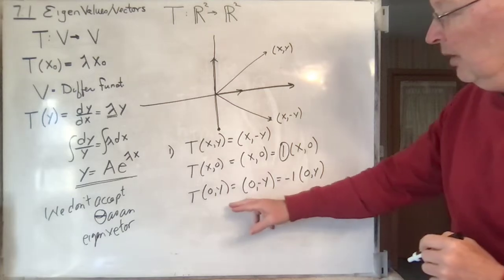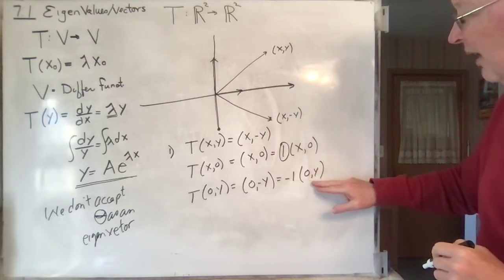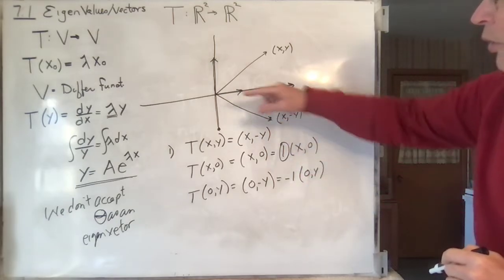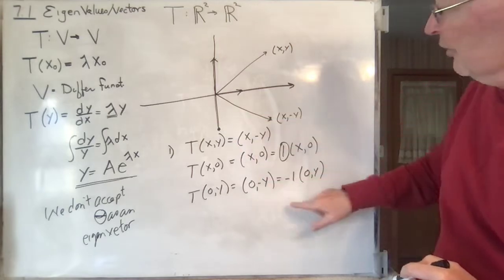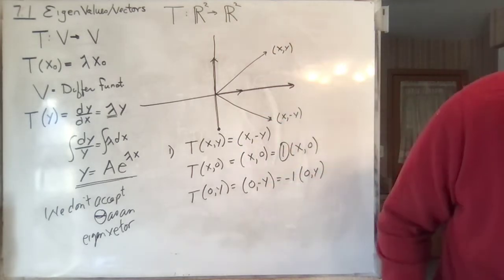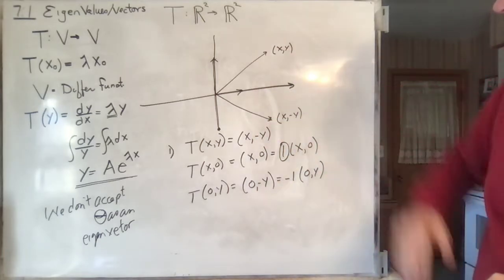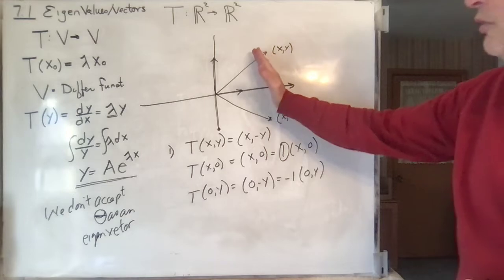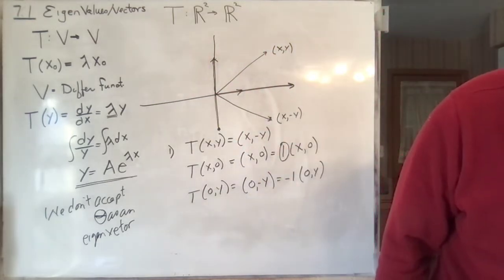So T of it is negative 1 times the original vector. So all of these along here are eigenvectors with an eigenvalue of negative 1. Okay, that's called the reflection, which reflects this one like so. You can come up with a similar one that reflects this way. Okay, so that's all number 1.